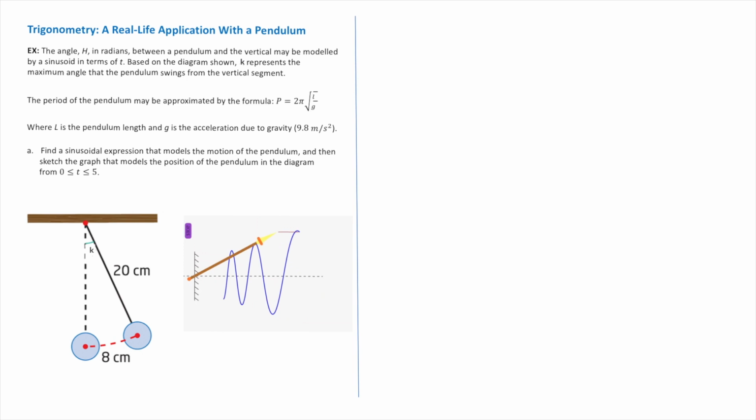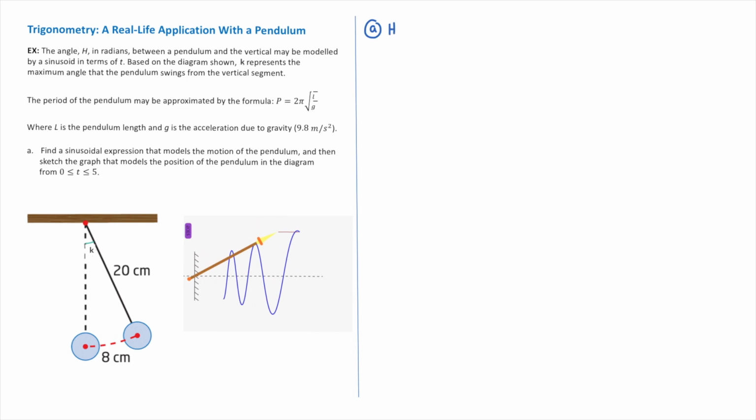Okay, so how do we start here? We're going to have to begin by writing the general form of a sinusoidal function. And I feel that in this case, it will be easier to use a cosine graph.